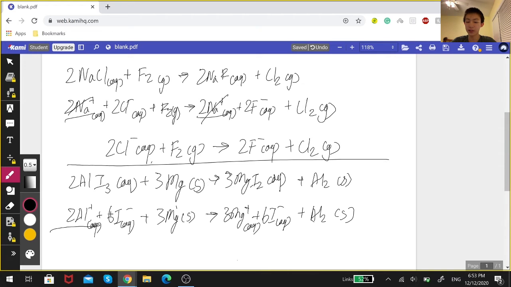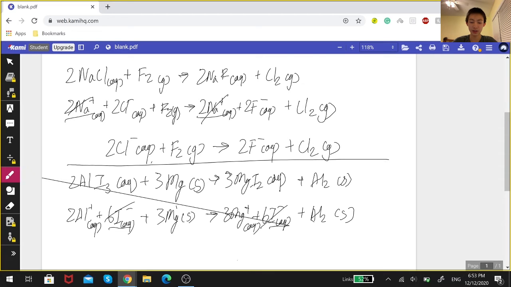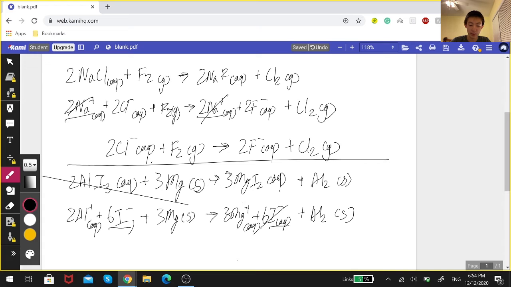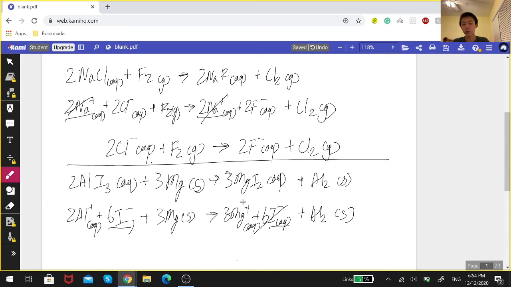Let's see. Do you have Al2 plus on this side? We do not. Do we have 6I minus? Yes, we do, so we cross those out, because it's the same amount of I minuses. We have 3Mg, but we have a 3Mg 1 plus on this side. Since this Mg is by itself, it will have no charge.